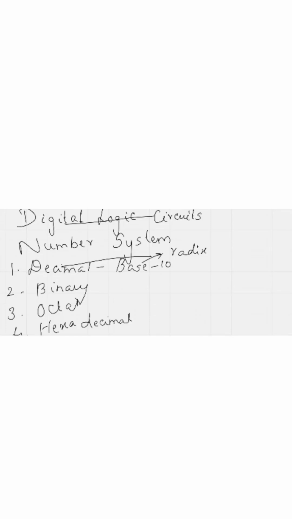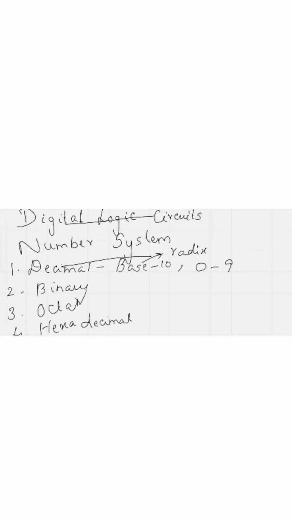Since it has 10 numbers, that's why it has the base value of 10. The numbers represented in a decimal number system are 0 to 9, so total 10 numbers. These are the 10 numbers that a decimal number system has, 0 to 9.